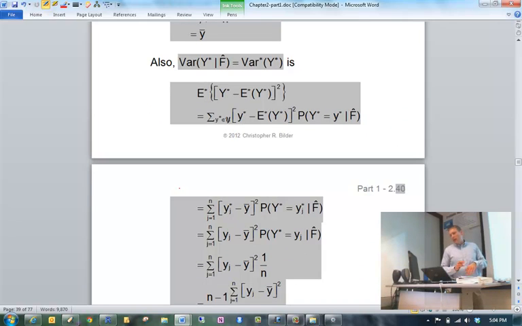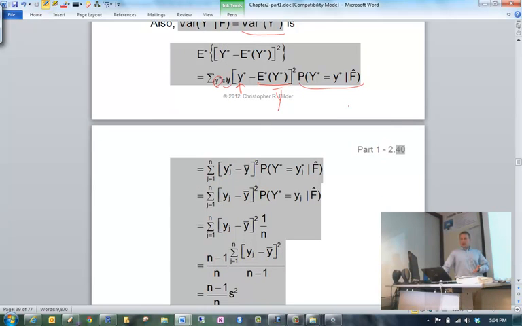So it's var of y star given f hat, or equivalently var star of y star. Let's go through the same thing as what we just got done doing. It will be the sum over all y stars in your sample space, y star minus expected value star of y star, which is y bar, squared times the probability.